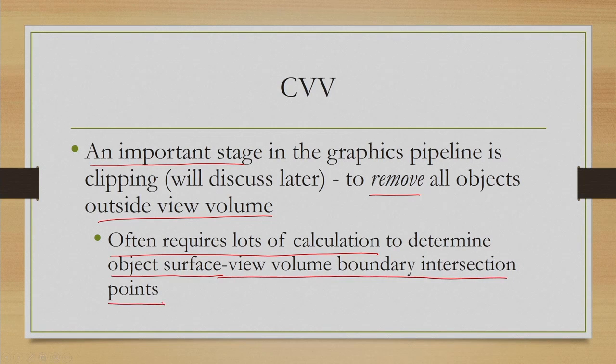So, where the object surfaces are intersecting with the view volume boundaries. So, if the number is large, then such boundary calculations will be large, and these boundary calculations are not easy. They involve lot of floating point operations, and accordingly the complexity is high.